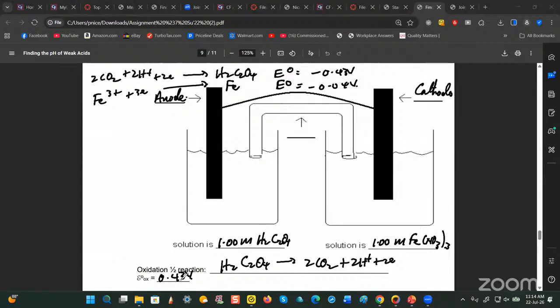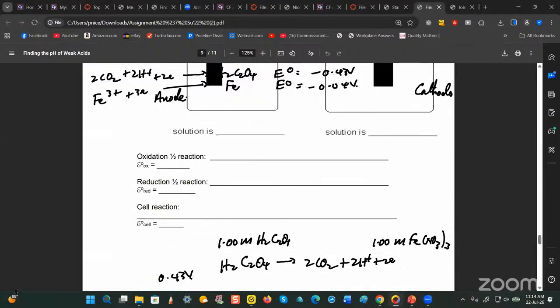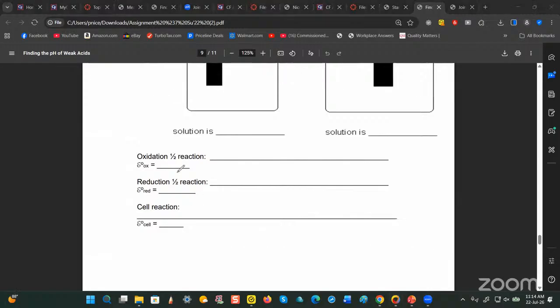And then for the reduction half reaction, I have to scroll down. That's going to mess up things a bit, so let me clear this here. I'm just going to rewrite what I just erased.